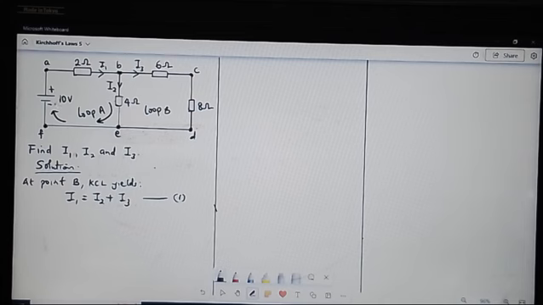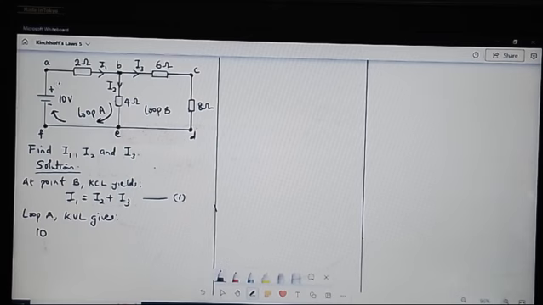This is a cell where, since I chose this direction, my current is coming out from the positive terminal. So let me say for loop A, KVL gives us Kirchhoff's voltage law. We can say this is positive 10.